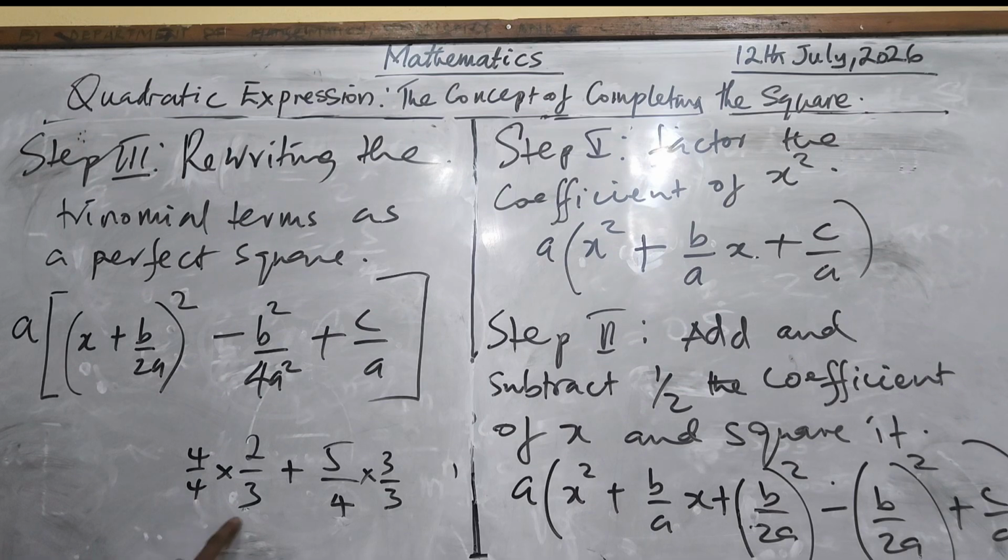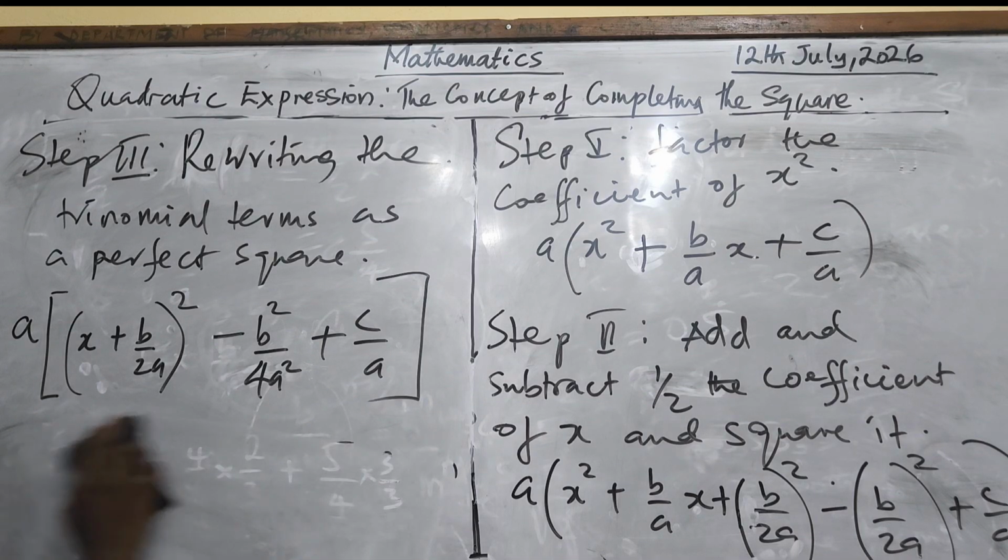By so doing, I have the denominator exactly the same. So this will give me 8 all over 12 plus 15 all over 12. Because these are the same, you can simply take one of them and 8 plus 15.